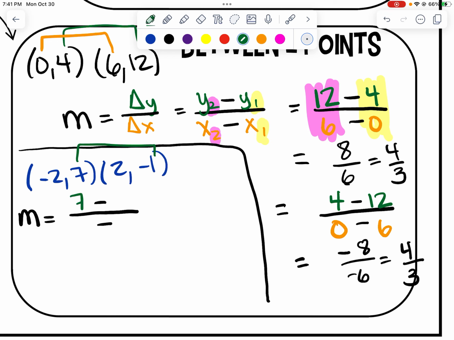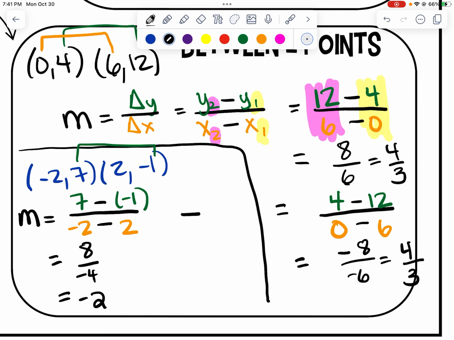So 7 minus -1 on top. So I use 7 first, I'm going to use -2 first on bottom. Could I have done it the other way around? Sure could have. This on top would get 8, on bottom -4. So I would have come out with -2 as my answer.